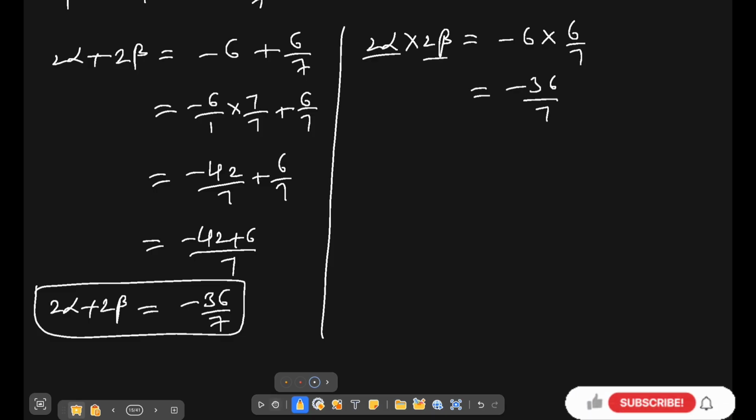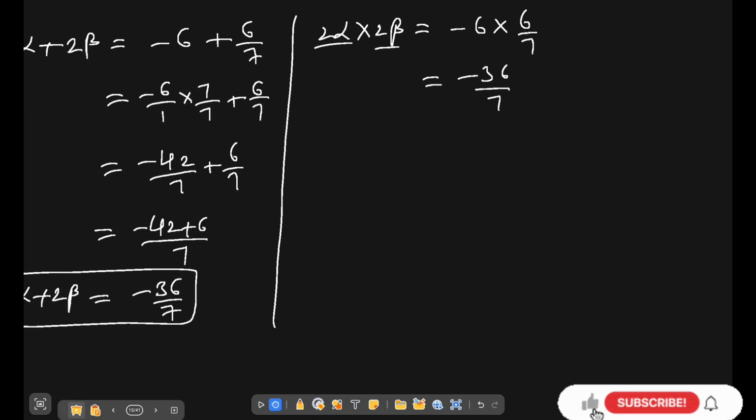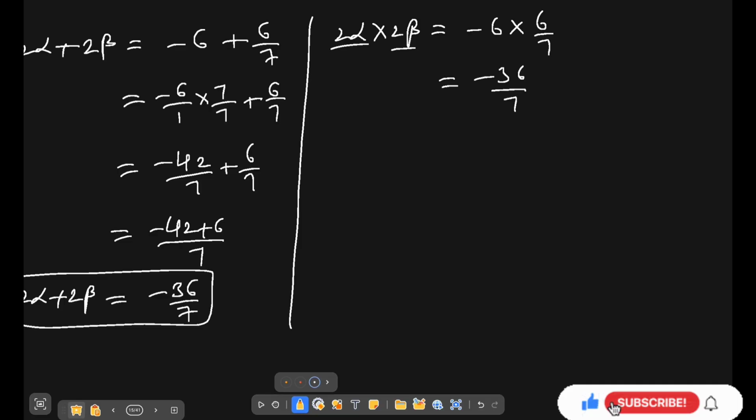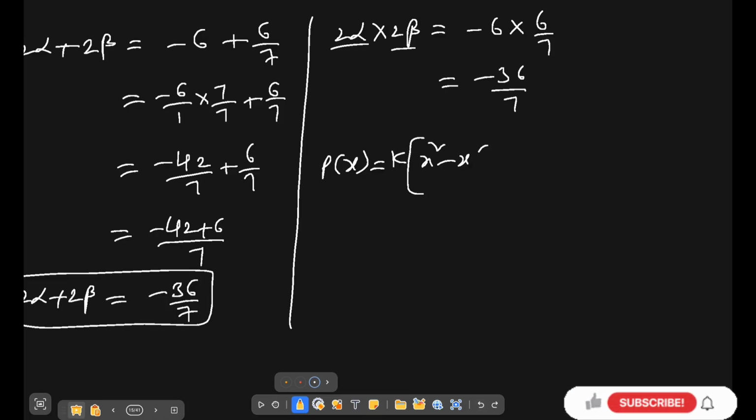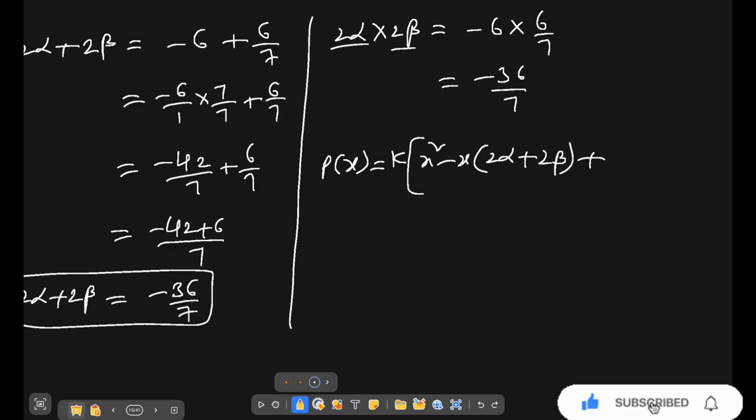Now we can write the polynomial. What is the formula to find the polynomial? P of x is equal to k of x square minus x of sum of the zeros, 2 alpha plus 2 beta, plus product of zeros, 2 alpha into 2 beta.